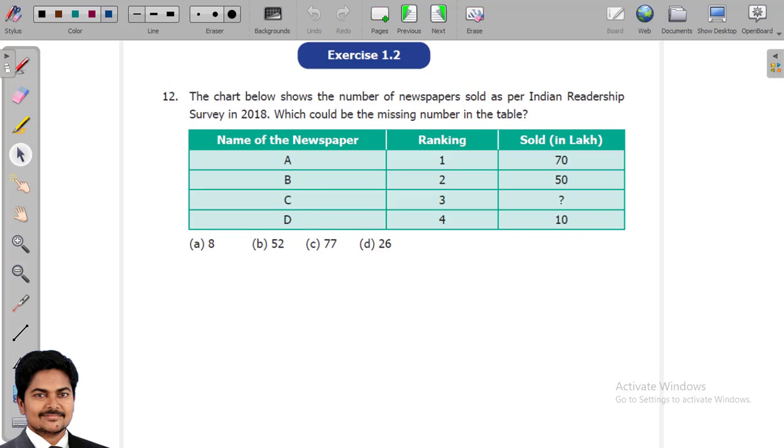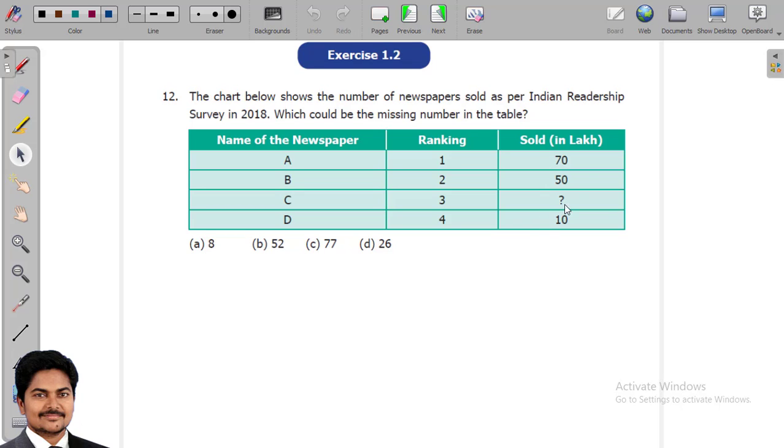Do you know, children, how the rank is decided? Yes, the newspaper which was sold out more copies are placed in rank 1, and the newspaper which was sold out less are placed in the bottom of the ranking. So it is obvious the numbers are in descending order, that is arranged from the highest to lowest.